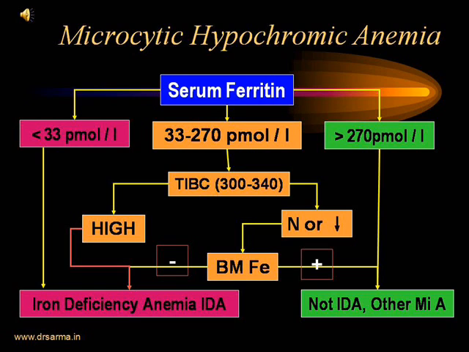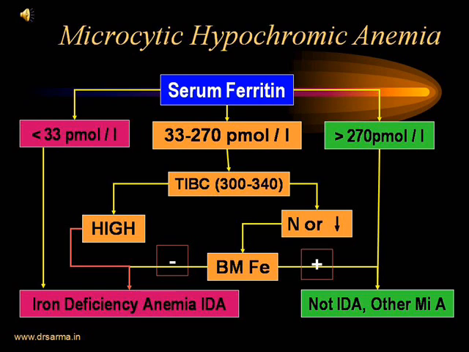Supposing the serum ferritin is 33 to 270, but the TIBC is elevated, then it will be iron deficiency anemia. Even if the serum ferritin is not less than 33, if it is between 33 and 270 and the TIBC is high, in the sense that it is more than 340, then it is confirmatory enough to say that this particular patient has iron deficiency anemia.